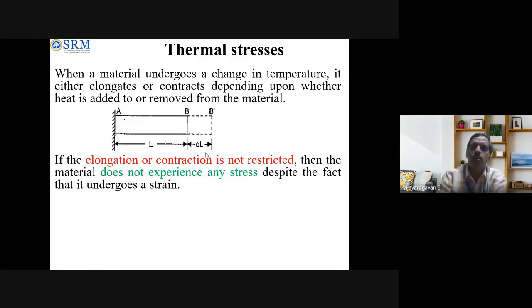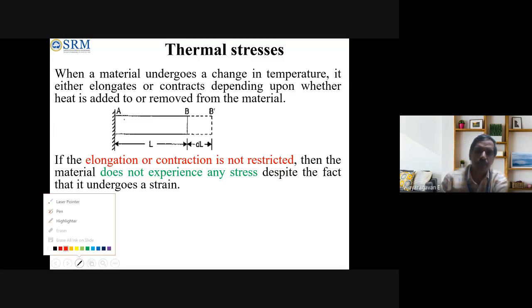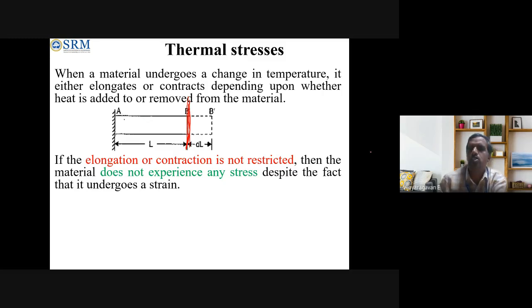If this elongation is not restricted, then the material does not experience any stress, but there will be strain. But suppose we give some support here so that further extension is not possible.